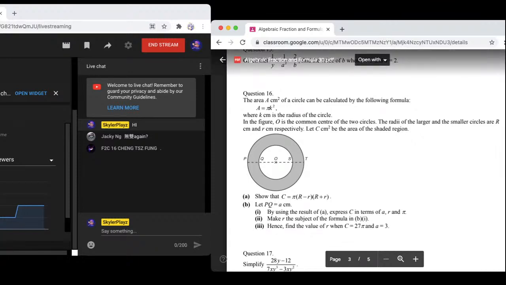And then, wow, C in terms of A, R and pi. R plus r plus R, R plus r minus R minus r divided by 2.